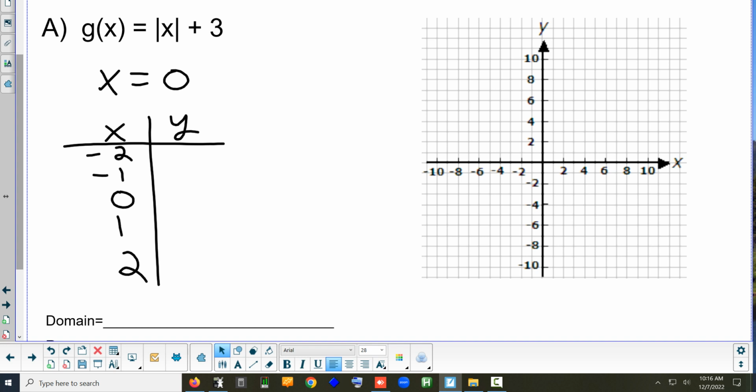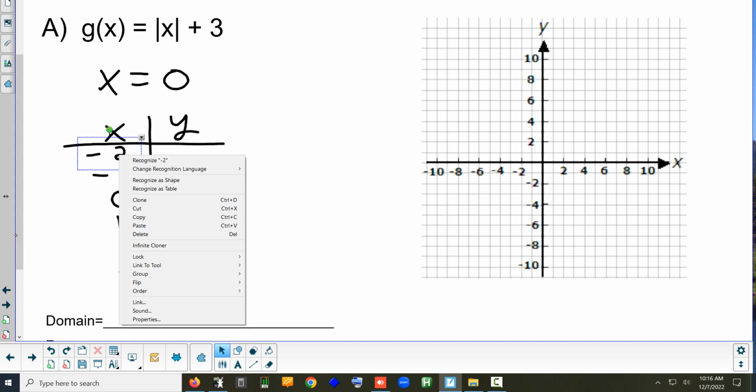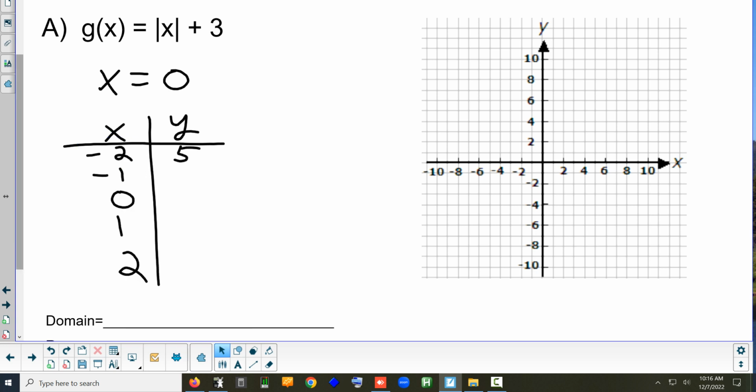What's the absolute value of -2? Yep. Absolute value of -2 is 2. And then +3. 5. So there's our first one. Next one, -1.